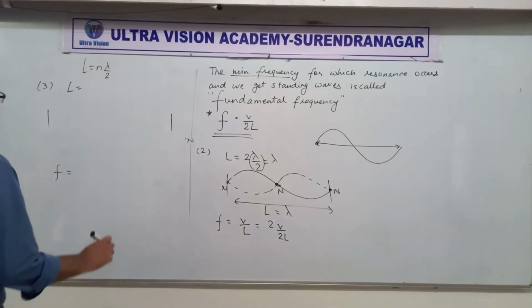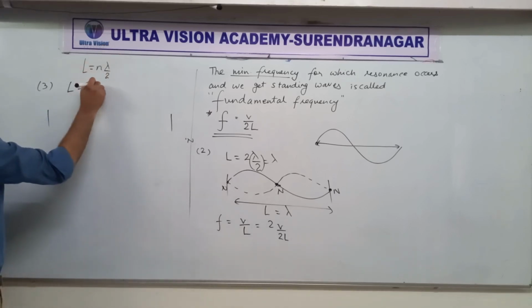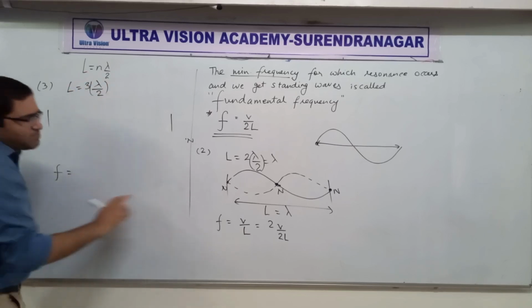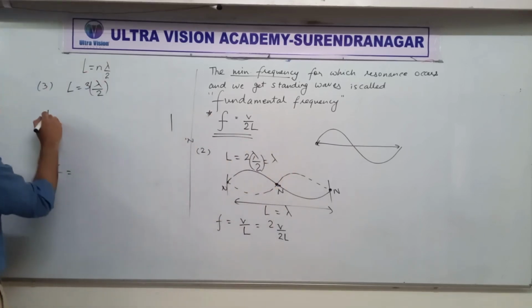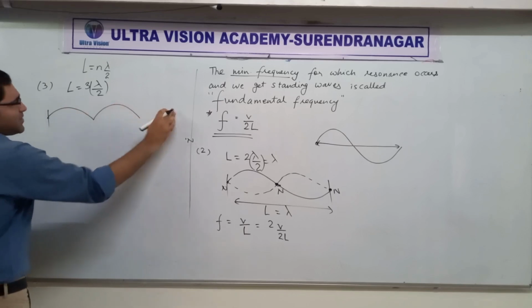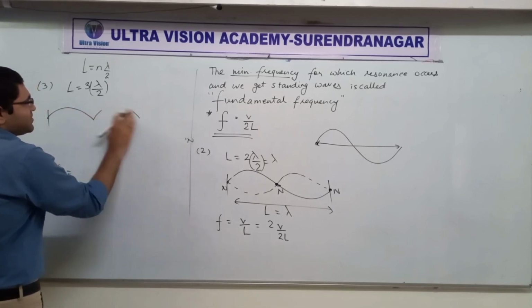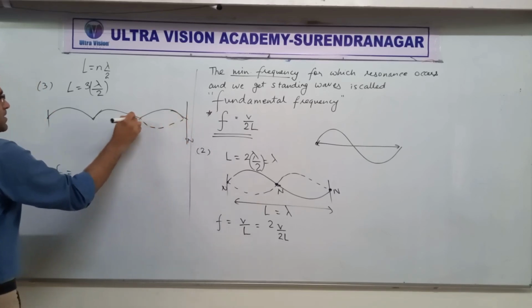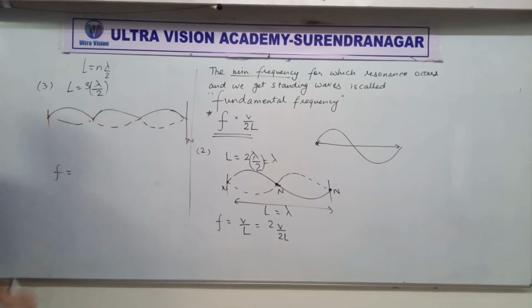First of all, L is equal to 3 lambda by 2. 3 lambda by 2 means 3 times lambda by 2. Such loop 3 times. So you see how I draw it. Okay, done. Did you understand? So we have got this here.